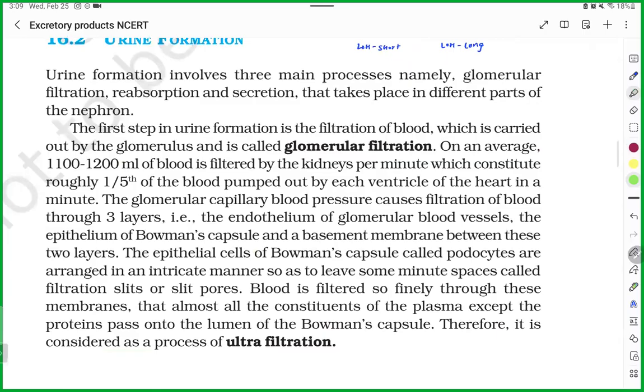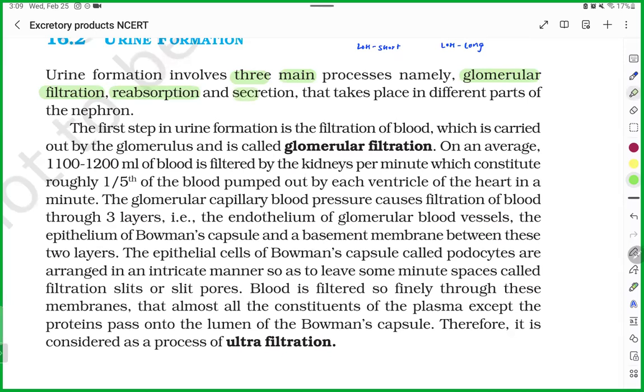This involves 3 steps. First, filtration by the glomerulus, glomerular filtration. 180 liters of filtrate is produced. We have to reabsorb most of the things, reabsorption. And sometimes, if there is more acidic or basic urine, or more or less salt, we have to maintain it by the secretion part.